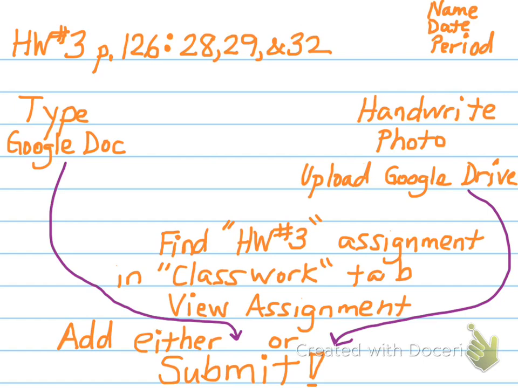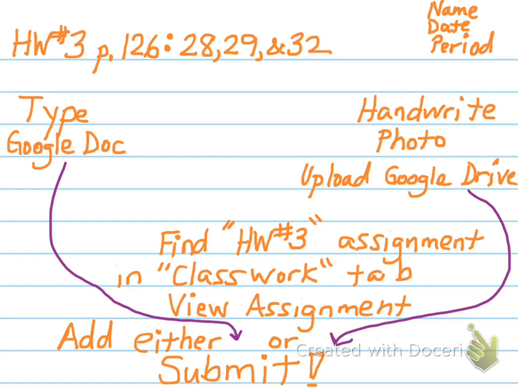Once you either have typed up your homework or uploaded your picture to Google Drive, you need to find the homework number 3 assignment in your classwork tab of your Chemistry 1A Google Classroom. When you find the assignment, you want to view the assignment, and then up in the upper right hand corner there should be a plus mark where you can add either that Google Doc, okay, or your photo. And after you've added it, you need to make sure at the very end that you click submit.